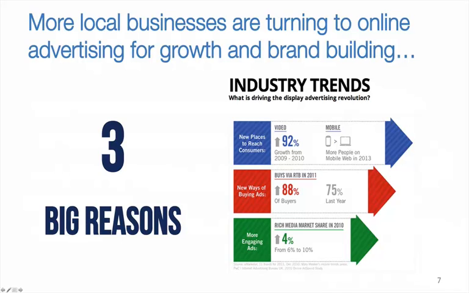Second is new ways of buying advertising. There is a process called RTB, or real-time bidding or real-time buying, that is now becoming a very common way to buy advertising digitally. Essentially, what this allows you to do is to bid in the exact moment on available ad space on sites around the web.